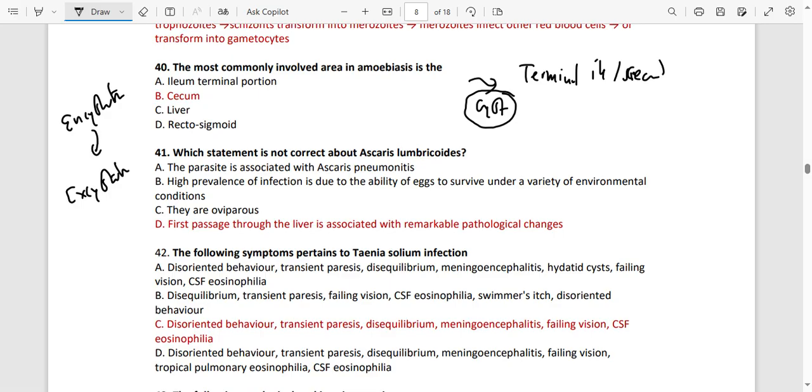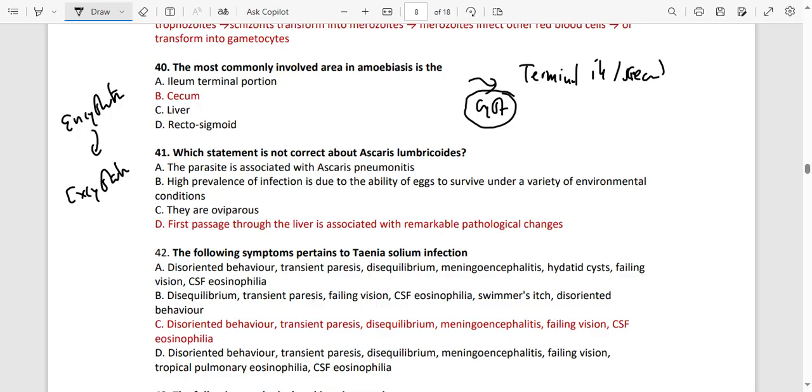So when the cyst is first ingested, it goes to the terminal ileum. It undergoes excystation there and releases a trophozoite, or amoeba, that has four nuclei, known as a quadrinucleate amoeba, also known as a metacyst. Because there are four nuclei, they undergo cell division and you end up with 8 nuclei.